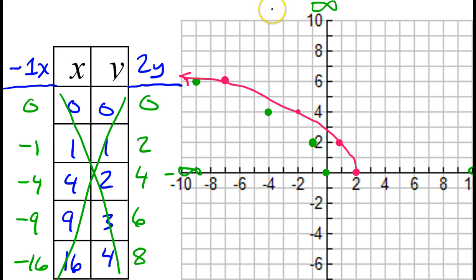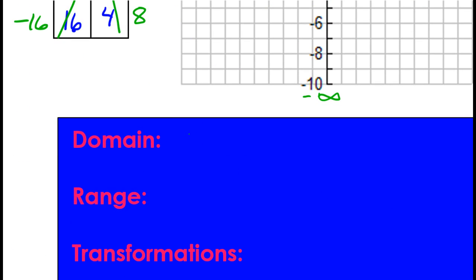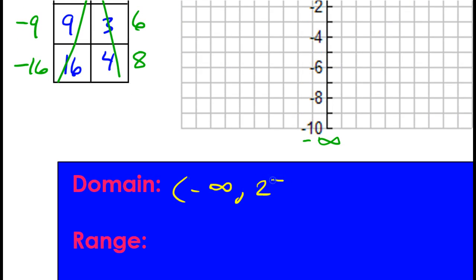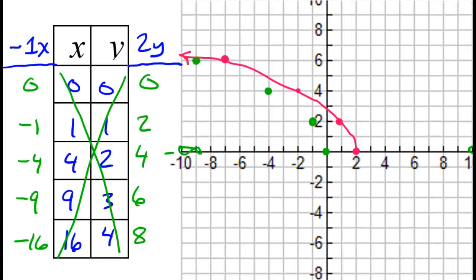That's why it's positive infinity for the range. Okay, so my domain is going to be negative infinity, comma, what was it? 2, positive 2. And so Savannah, what about the range?